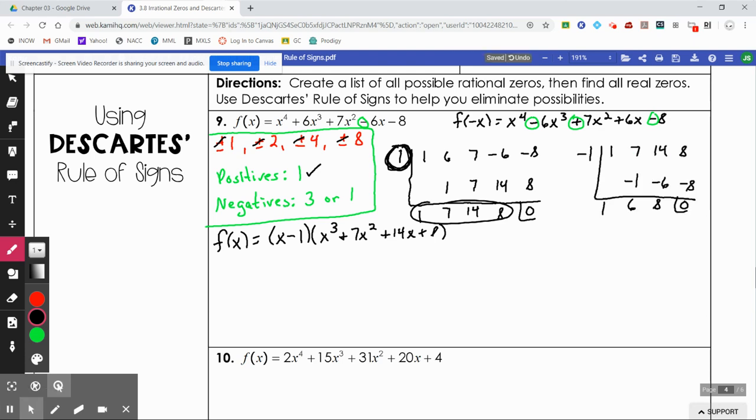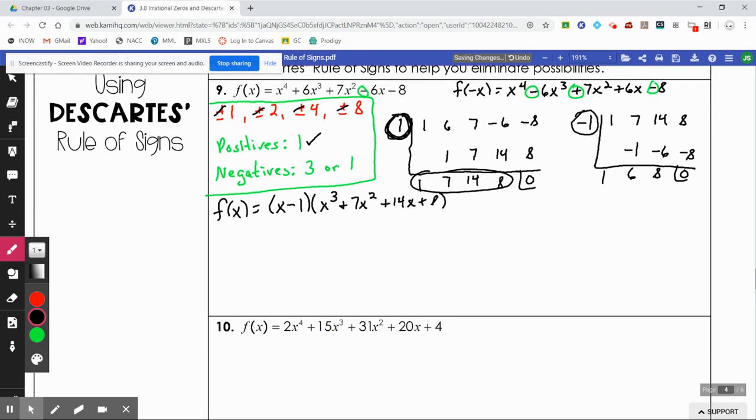Now let's try to find one of those that'll work to simplify that. So from that list, I now tested negative 1. Negative 1 did work, so I broke this down now into x minus 1 times x plus 1 times x squared plus 6x plus 8.